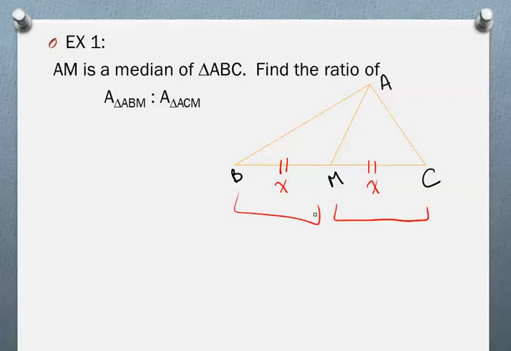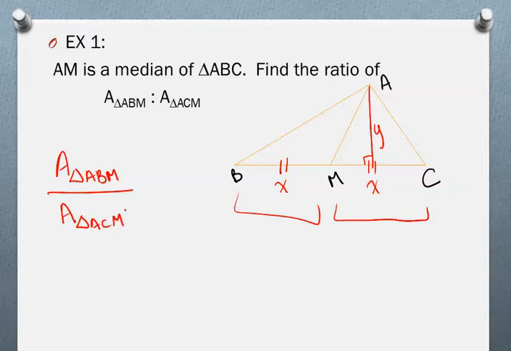So then what we have to think about is what else would be needed to find the areas of these figures. We would need the height. So we would draw the height as a perpendicular line, and we can label that y. Now, let's compare the two areas. The area of triangle ABM over triangle ACM.